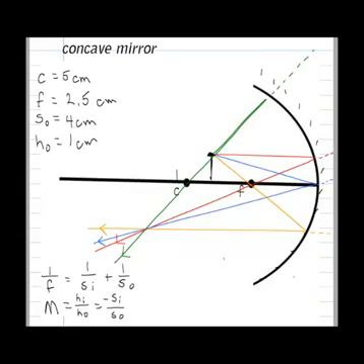Okay, now what you want to look for is where all the beams, whether they be virtual or real, would converge. So right in this little spot here, all of those light beams converge, and that's where your image is going to form.